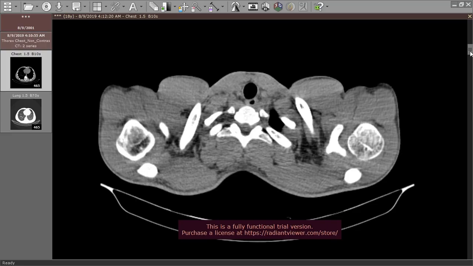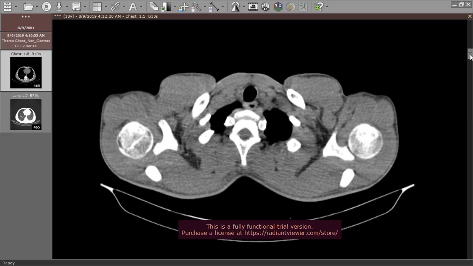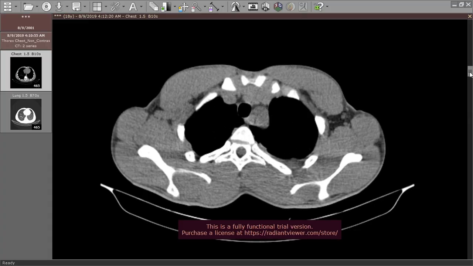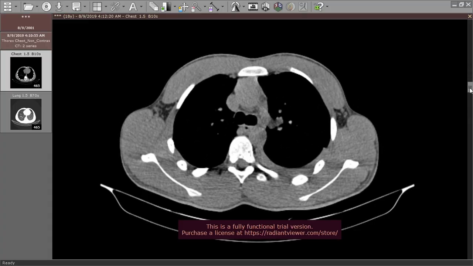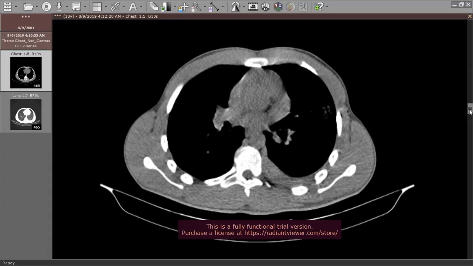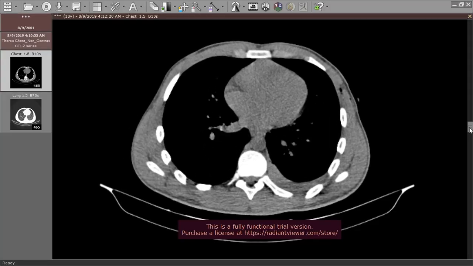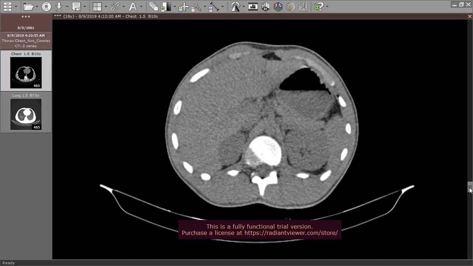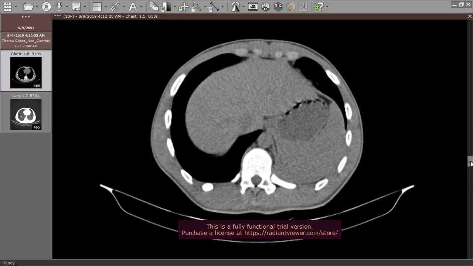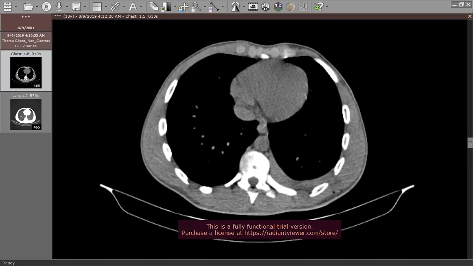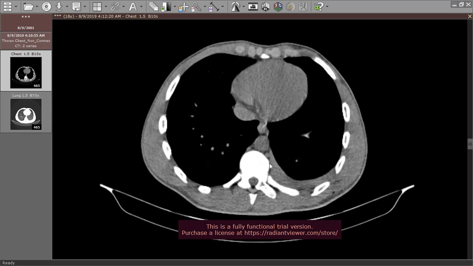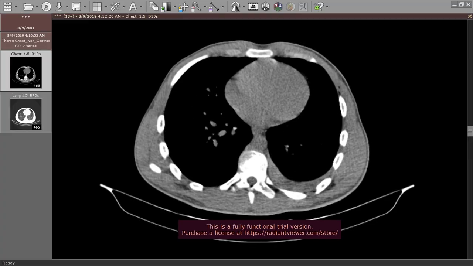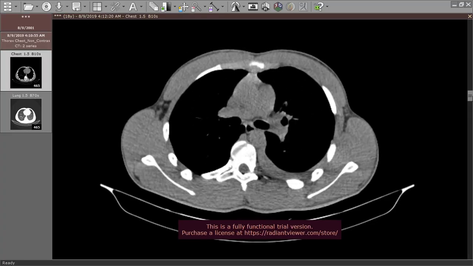Case number 2, this was a case of stab trauma, stab injury. Minimal pleural collection here, or hemothorax, minimal to mild.